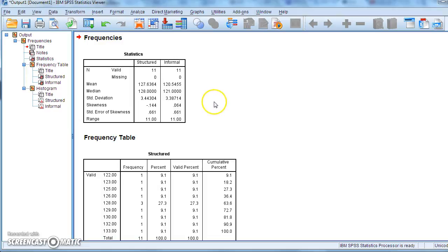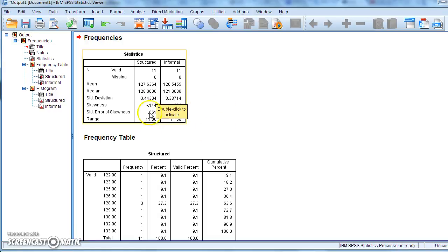We get a load of output here, but remember the one test for skewness is to see whether the skewness statistic here is greater than 1.96 times the standard error of skewness. If this skewness statistic is bigger than almost twice the size of the standard error for skewness, then we say this data is significantly skewed.